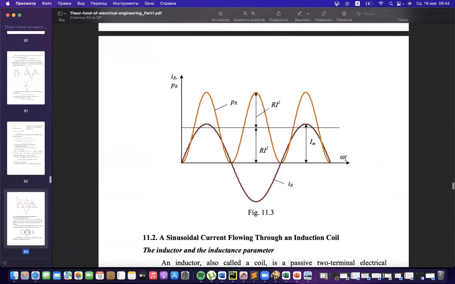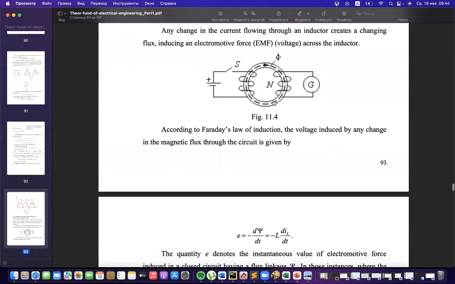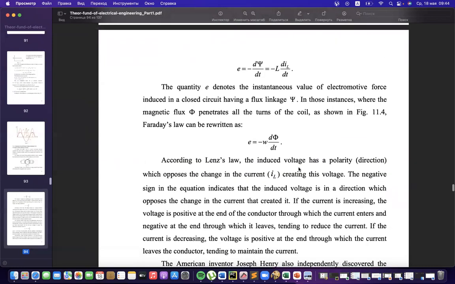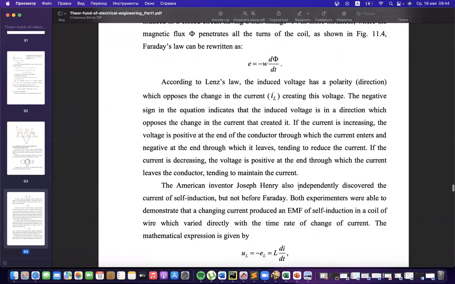Then for the coil, as any magnetic element, as any wire near which we obtain a magnetic field, or an external magnetic field goes through our wire.